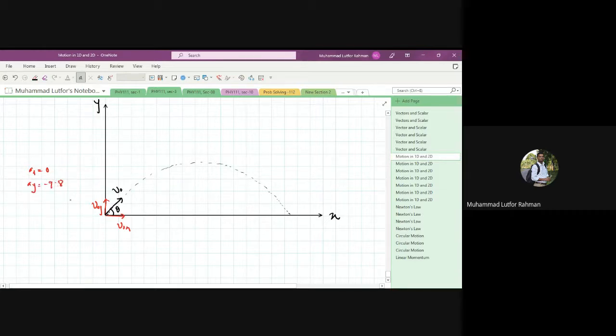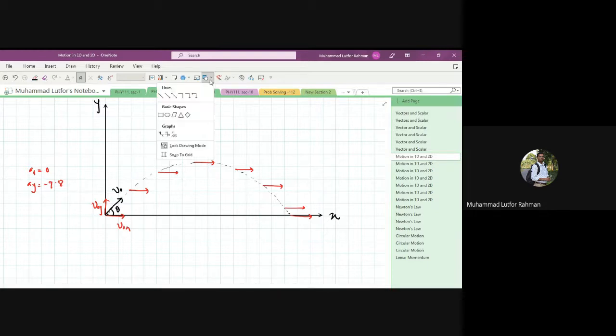Now I can say along the horizontal direction, the particle moves at a constant velocity. It means that the velocity will not change throughout its journey. Then this velocity vector will remain the same throughout its journey. Look at this, that's why I draw that vector length the same throughout its journey. This is all v naught x.